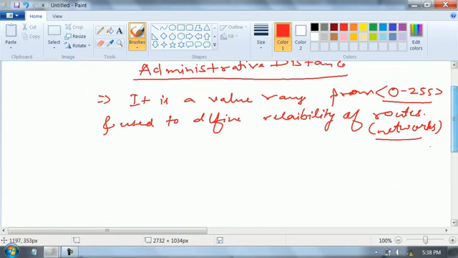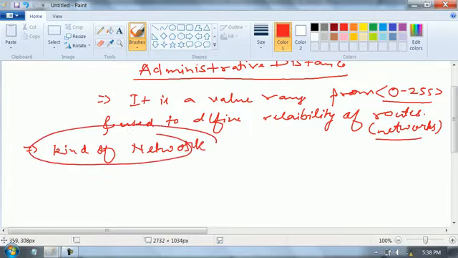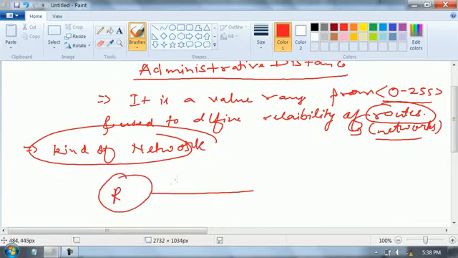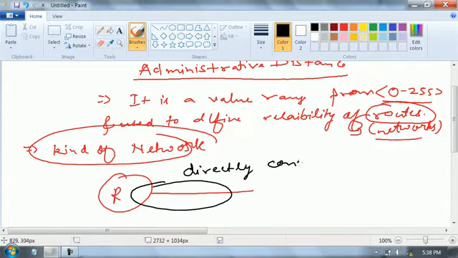First kind of networks are... network means routes. I can use any term. I can call them routes, I can call them networks. So please don't confuse, I already told you, route means network. This is a router, this is the network. What do you mean by this thing? It means it is a directly connected network. Agree?